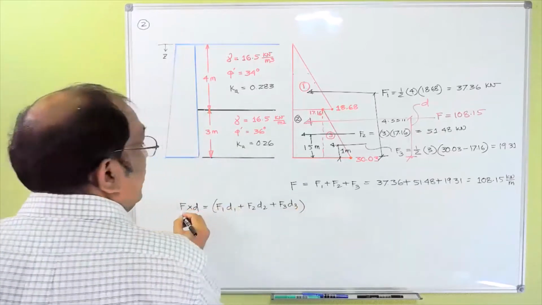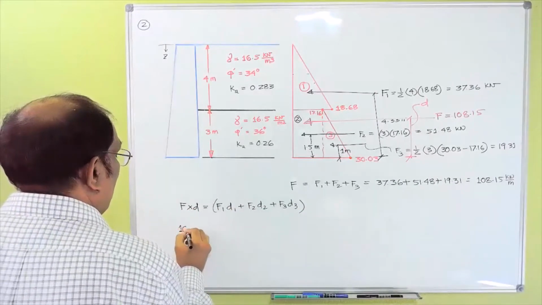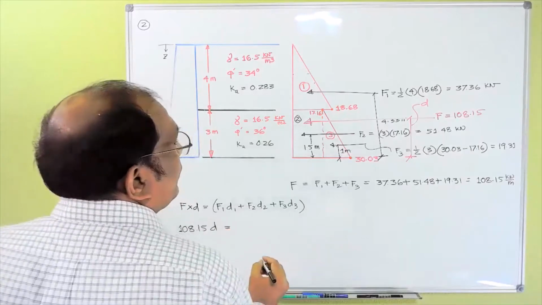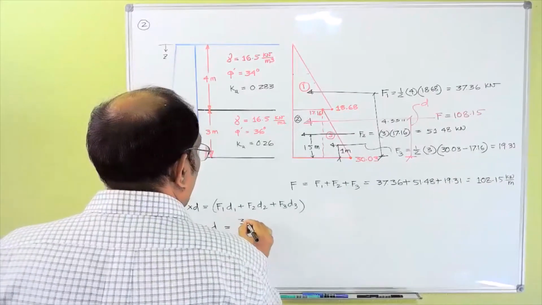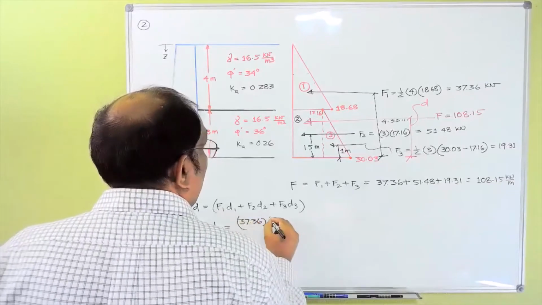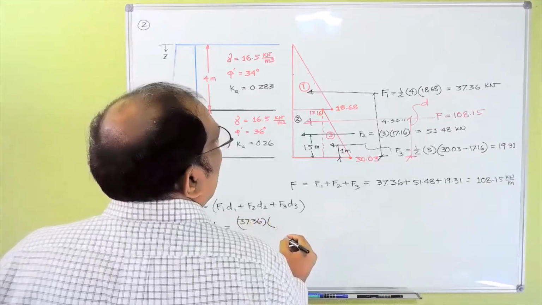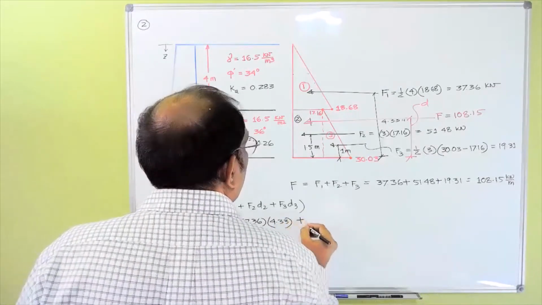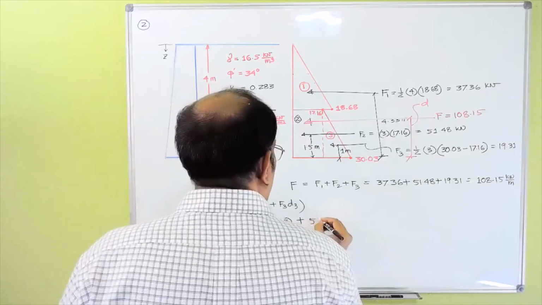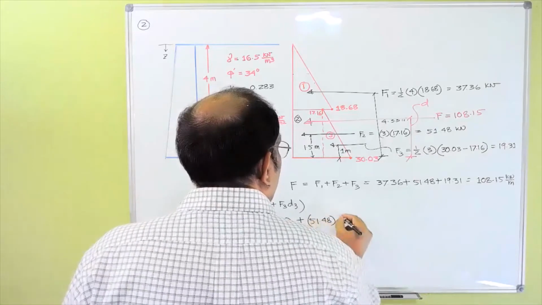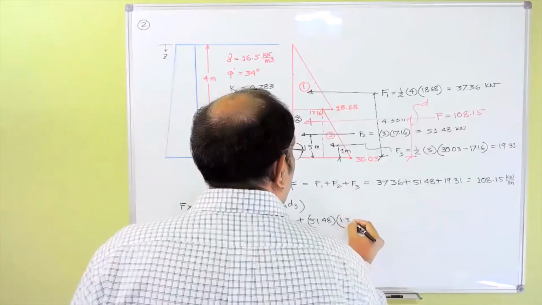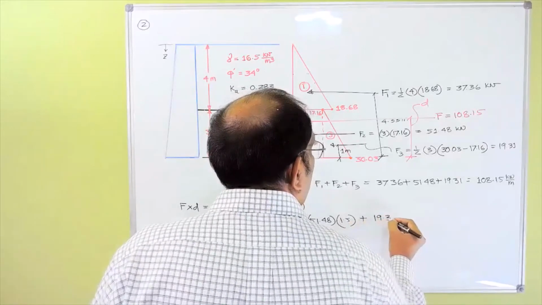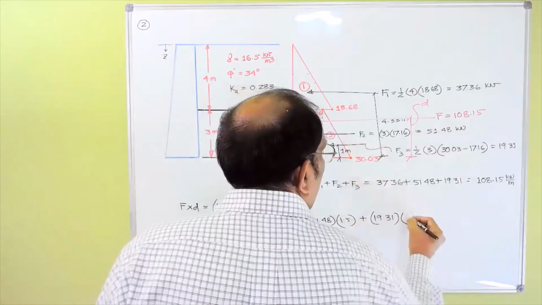Okay, so 108.15 D is equal to F1 D1, so 37.36 multiplied by the distance, which is actually 4.33, plus F2, which is 51.48, and the distance of F2 is 1.5, plus F3, which is 19.31, multiplied by the distance here, which is 1.